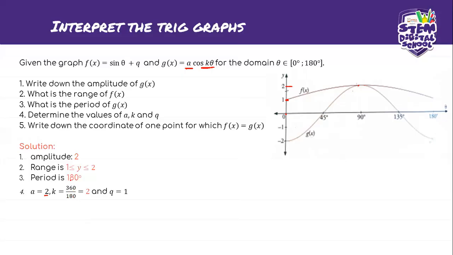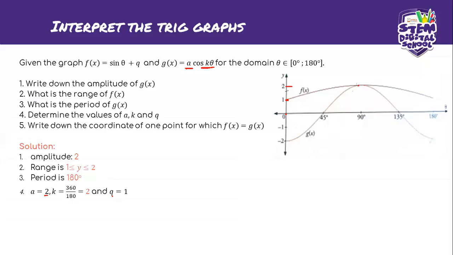In this case, the period is 180. So when you divide the original period with the period that we're having now, the answer is going to be 2, meaning the value of k there is equal to 2, right?